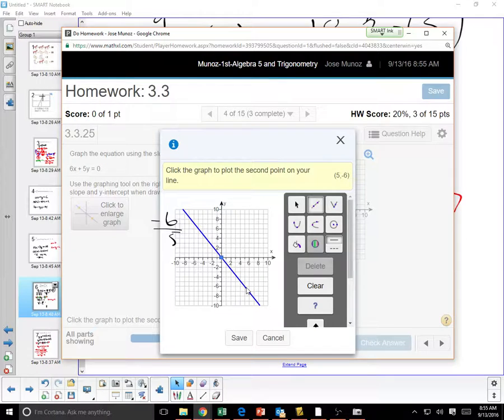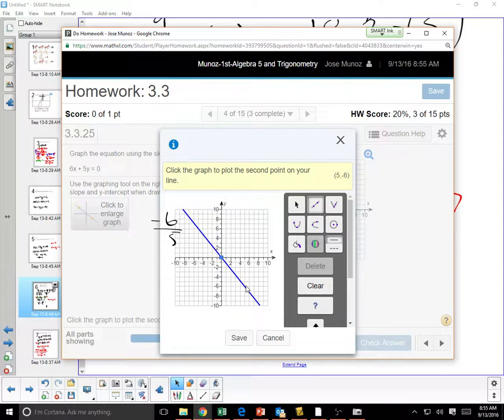Say that again. How did I get the negative 6? Remember, it's got to be the opposite of one of those two, right? So if I'm going this direction, I usually do it to the top. But if it's going to be in the other form, I got to make sure that that's positive always. Okay? So I should be going down 6 units and to the right 5.